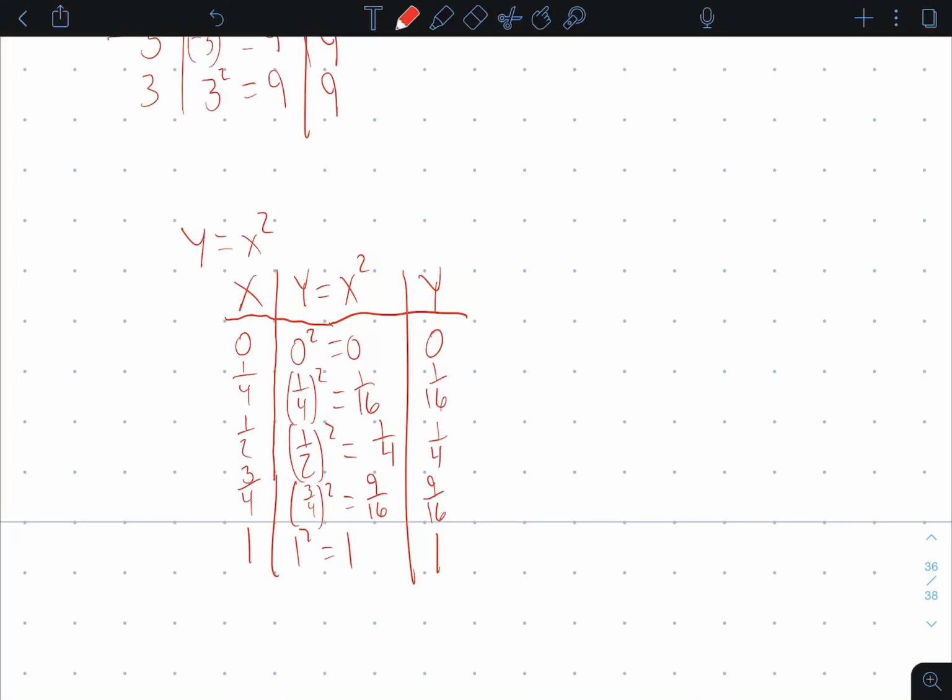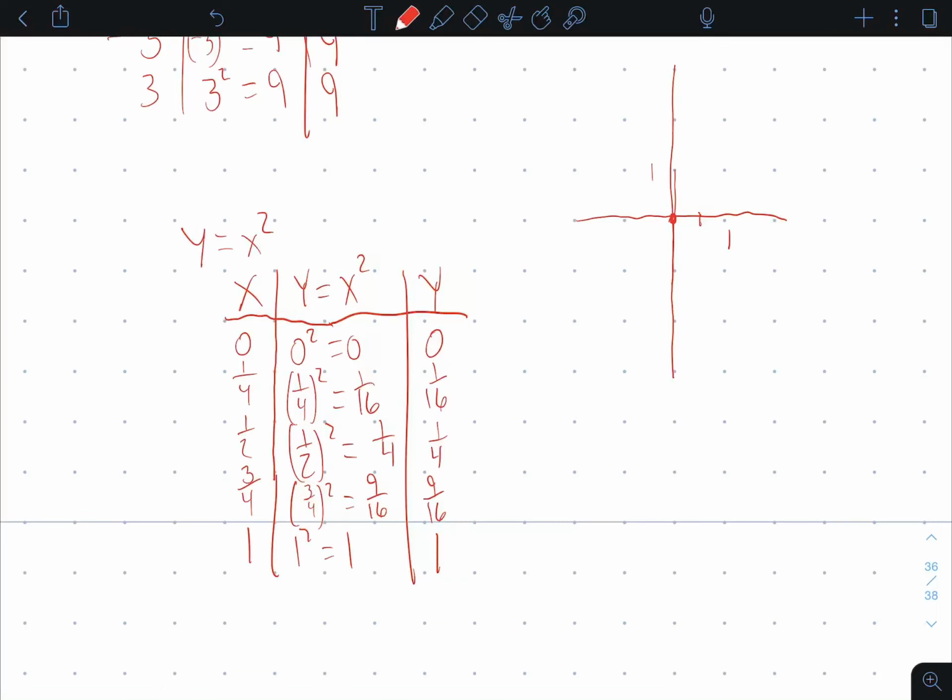Let's go ahead and draw this graph. I'll make it the same scale as the last one. So if this is 1 and this is 1, then 0, 0 is our first point. 1/4 for x.